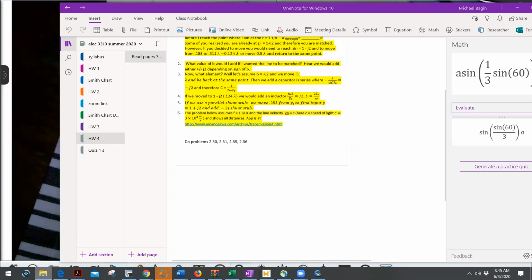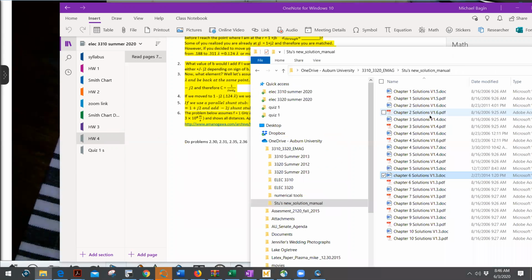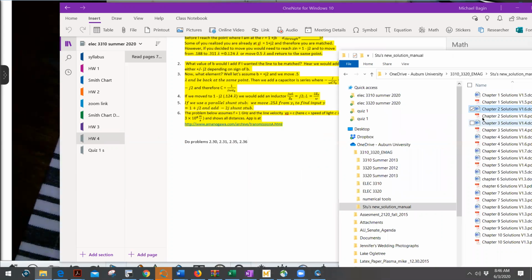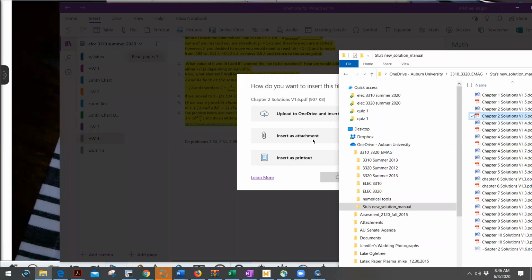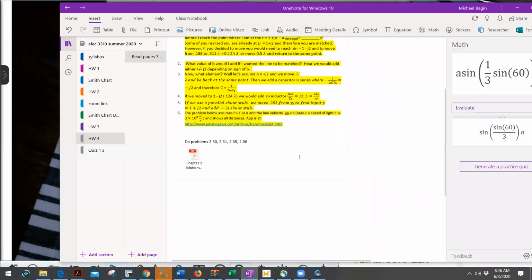I know the solutions are available everywhere, but the solution should be, this is chapter 2. Matter of fact, what I'll do is this. I'll just pull all of chapter 2 solutions right here for you. That way you got them all, right? And you can go and take a look at that.